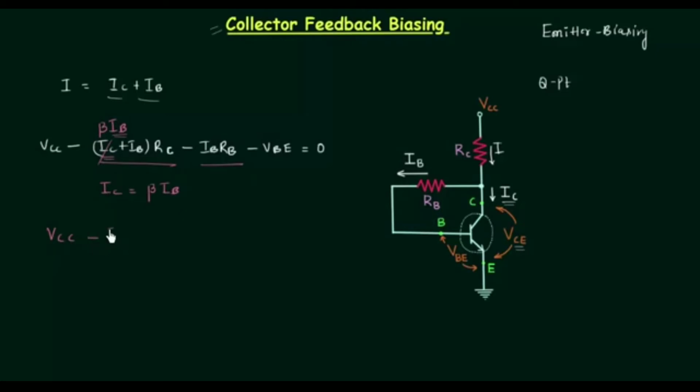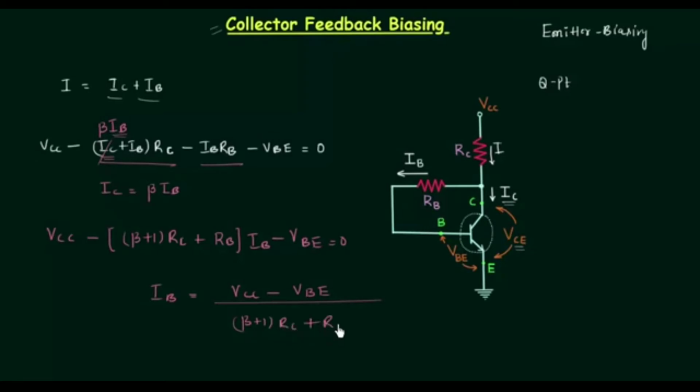VCC minus, inside the bracket, (beta plus 1) times RC plus RB, multiplied with IB, minus VBE equal to 0. So current IB is equal to (VCC minus VBE) divided by ((beta plus 1) RC plus RB).